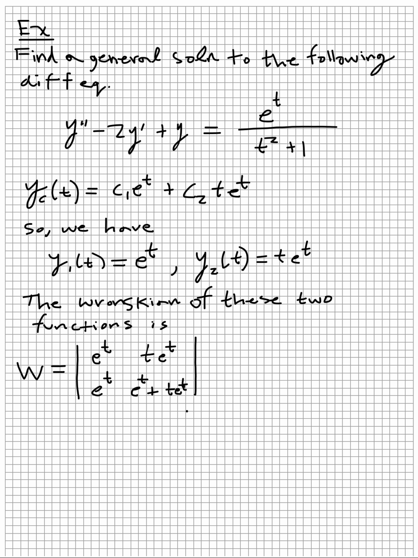Taking the determinant, this is going to equal e to the t times e to the t plus t e to the t, minus e to the t multiplied by t e to the t. If you compute this correctly, this will simplify to be e to the 2t.